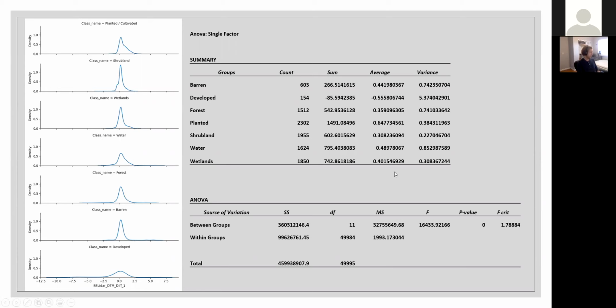So just running a statistical test, an ANOVA, we've got a p-value of 0, and the comparison between the F statistics shows that, right, there is correlation between the classification and the difference between the rasters.